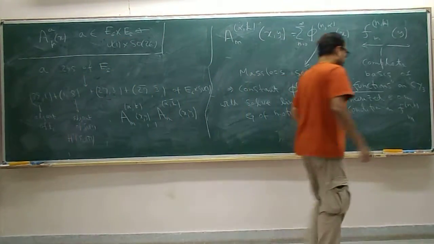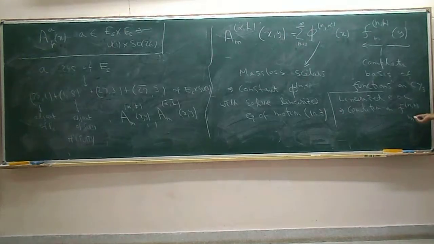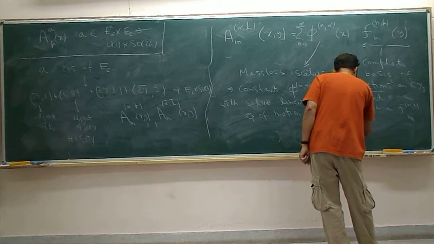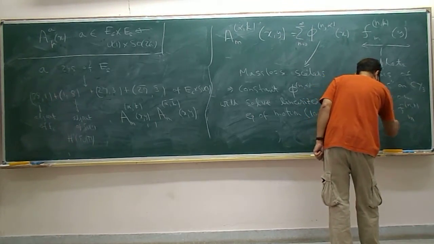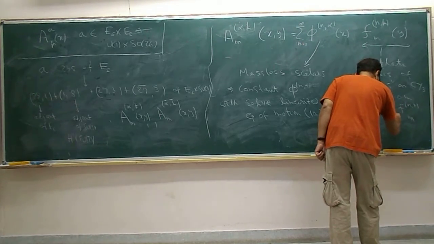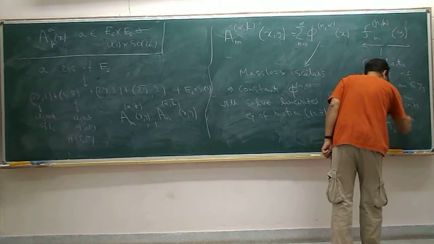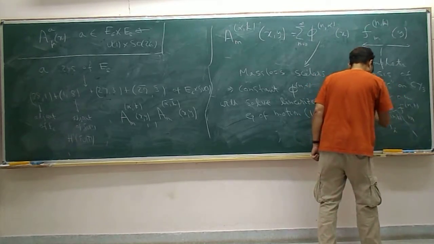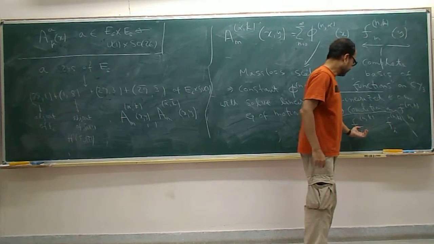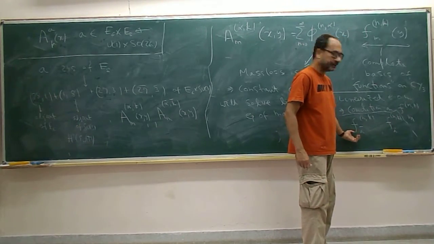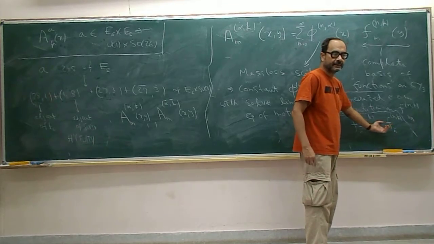But now we do something, we split this m into I and I bar. I can always do that. This is the internal vector index, the coordinate index, and I can split it into complex coordinates. So f with I bar and f with I. In fact, what one can show is that these describe chiral multiplets and these describe anti-chiral multiplets, or vice versa.